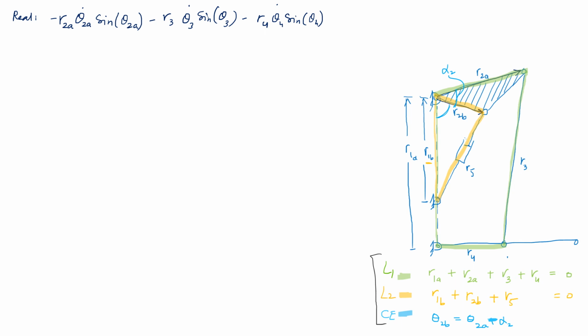So this minus sign appears because j multiplied with the j of the Euler notation is going to be minus 1. The imaginary part is similarly going to be equal to R2a theta 2a dot cos of theta 2a plus R3 theta 3 dot cos of theta 3, then you have added with that R4 theta 4 dot cos of theta 4.